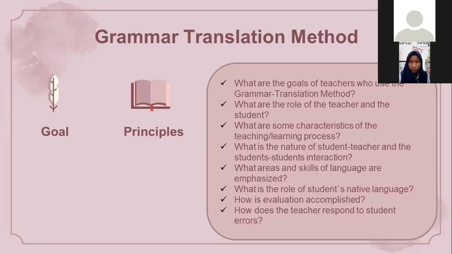And then the role of the students' native language. In this method, the students' native language has an important role because the activity is translation from one language into another, so the native language is still used.